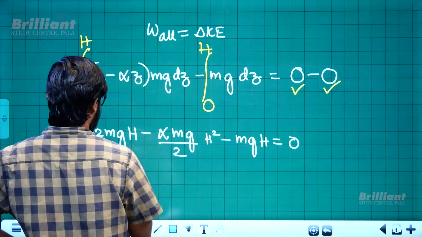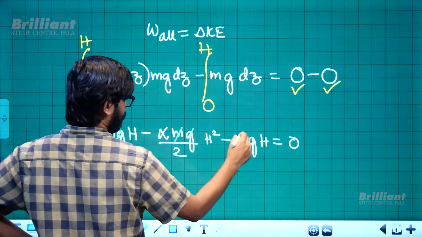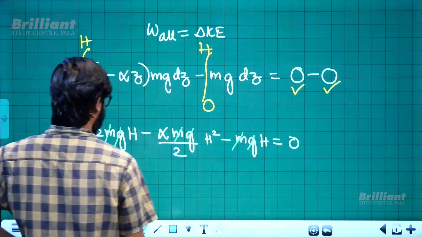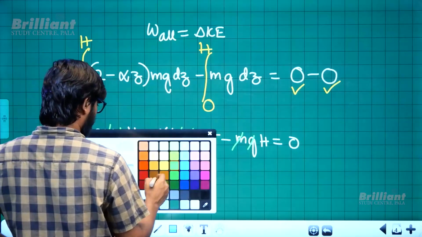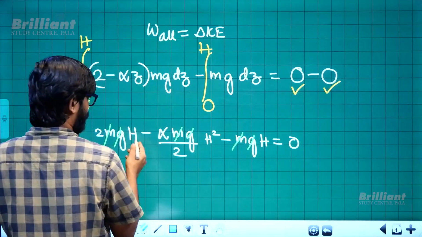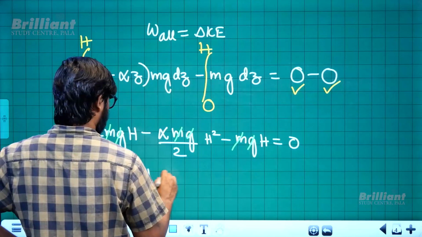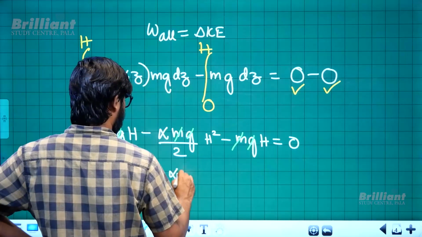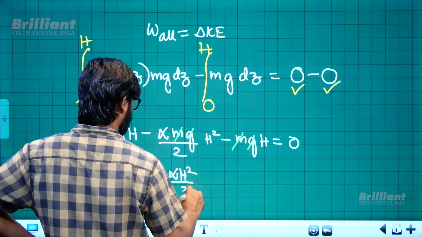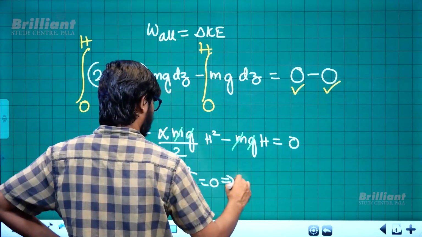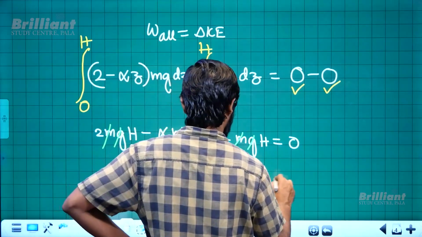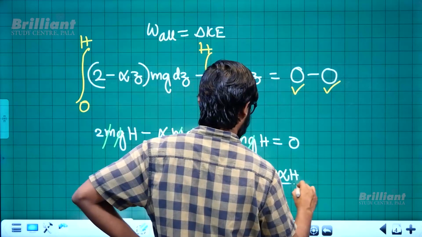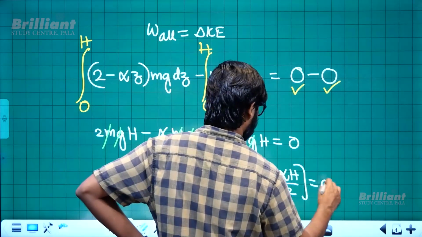Now this mg, you can take to the right hand side, and you get 2h minus alpha h square by 2 equals 0. So h I can take common, I will be getting h times (1 minus alpha h by 2) equals 0.